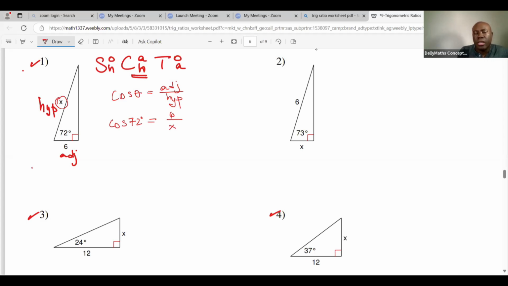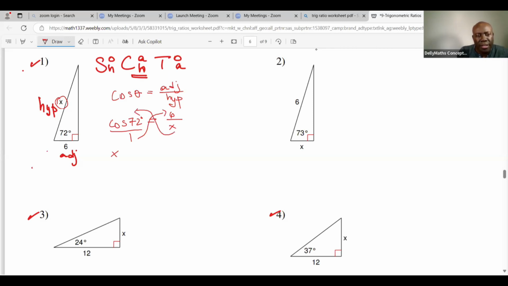What we want to do here is a quick cross multiplication. By that, I mean the 1 will multiply by the 6, and the x will multiply by the cos 72.